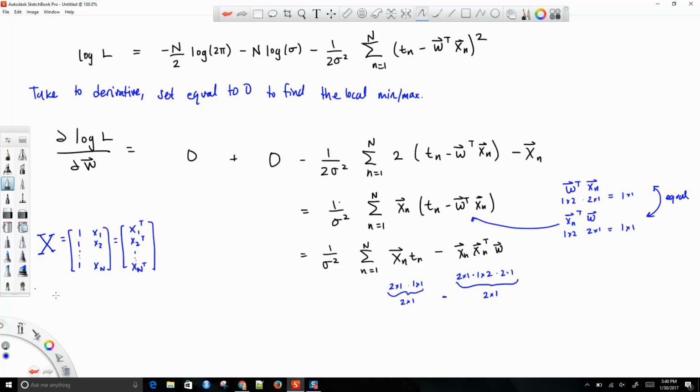Because of that, we can say that the sum of xn tn is going to be big X transpose t, the vector t. If we think about what all of these things are, everything multiplies out together, so we can replace this part with big X transpose t, the t vector.